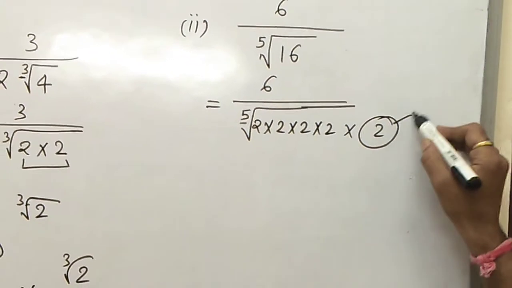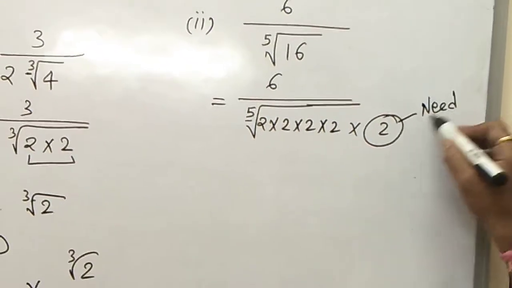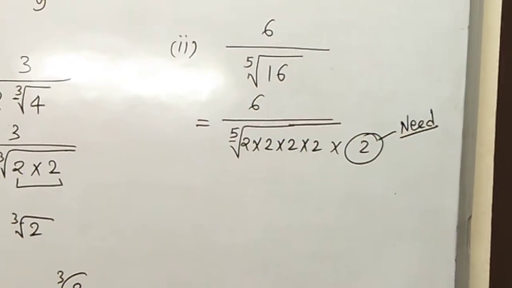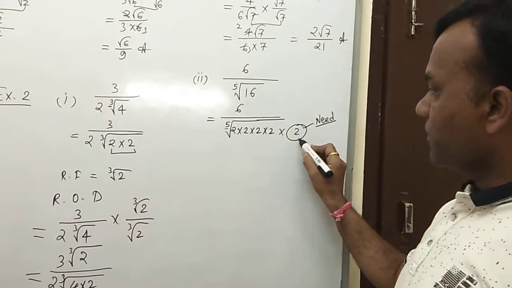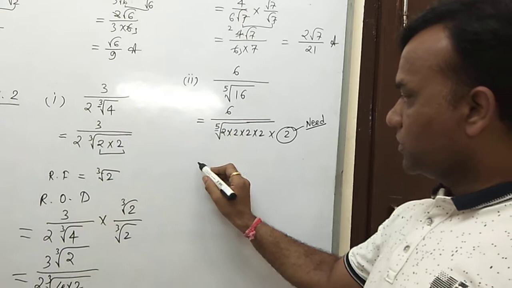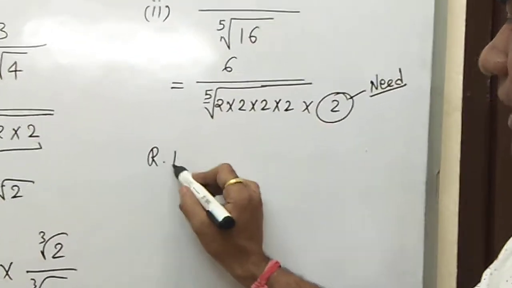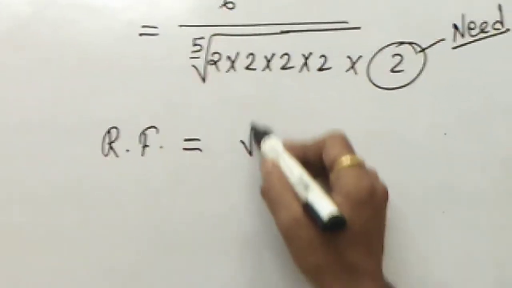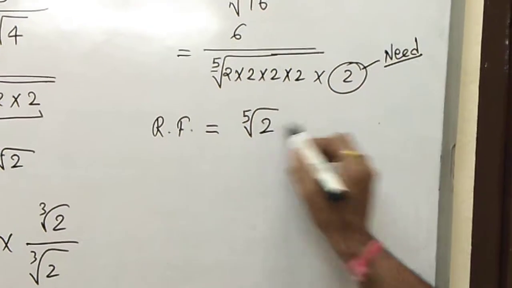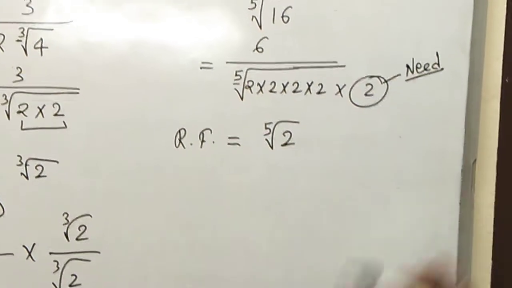This is the requirement, this is need for simplify this irrational numbers. So this 2 is required and power is this. So first you write down RF. What is RF here? This is the fifth root of 2 is RF, because a single number is required.